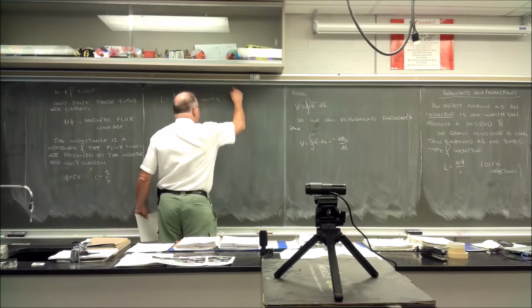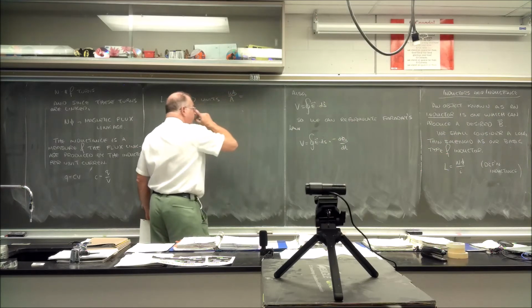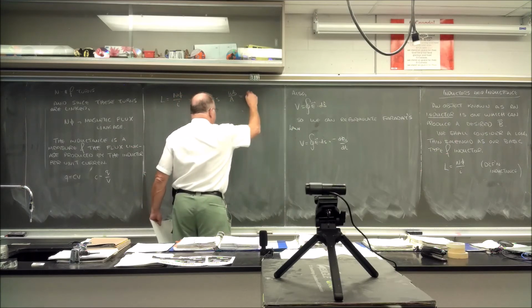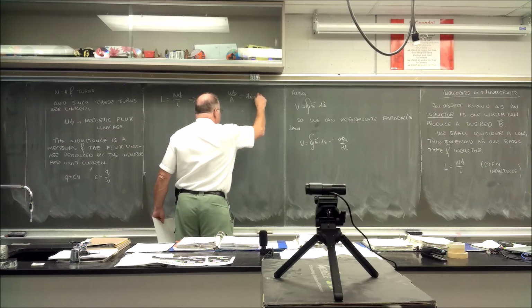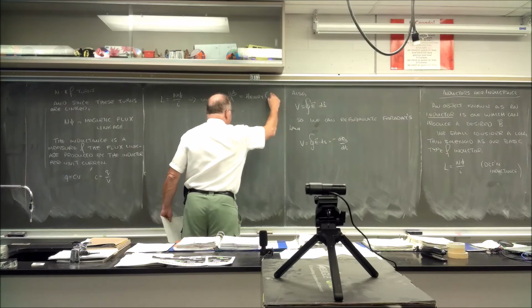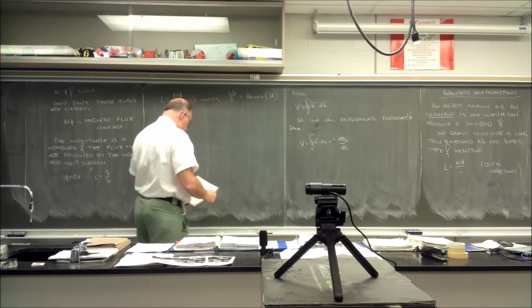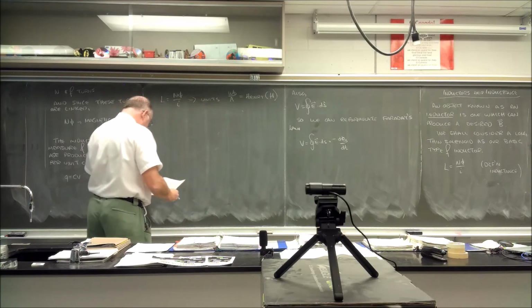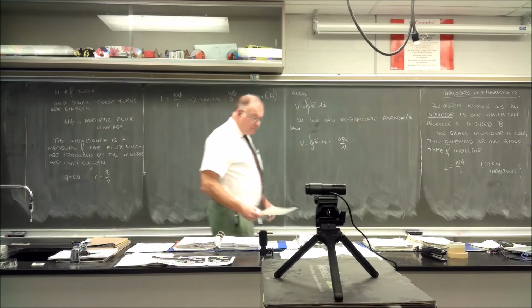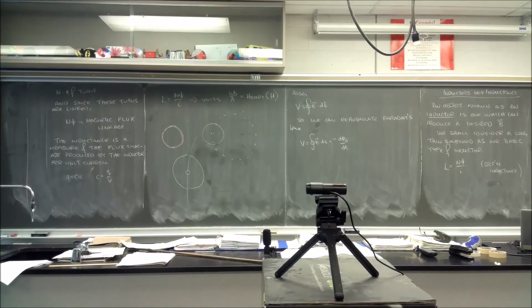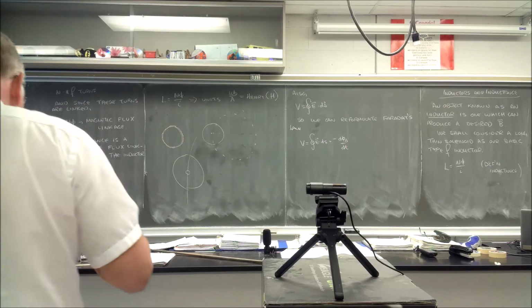So we're going to have Webers per amp. And this is given one of the better names in physics. This is called the Henry, and it's capital H. Okay, so that looks like that's working.